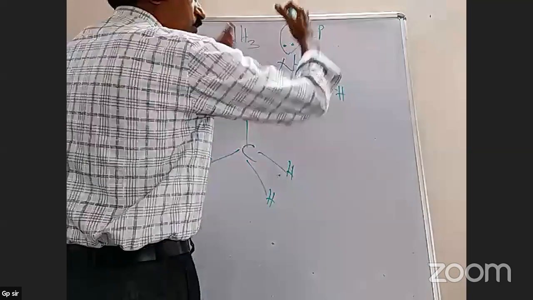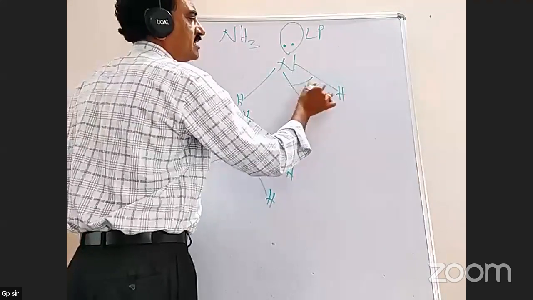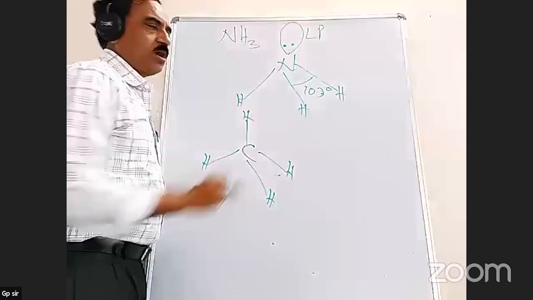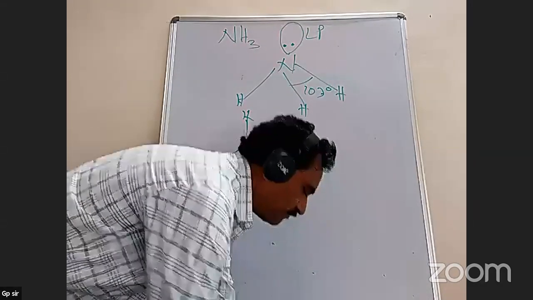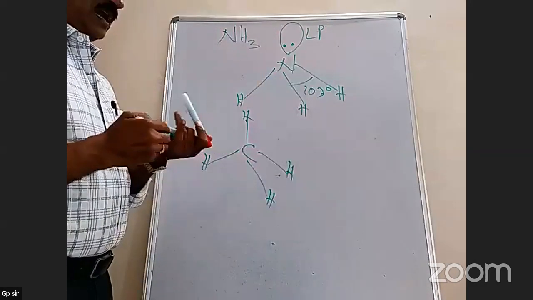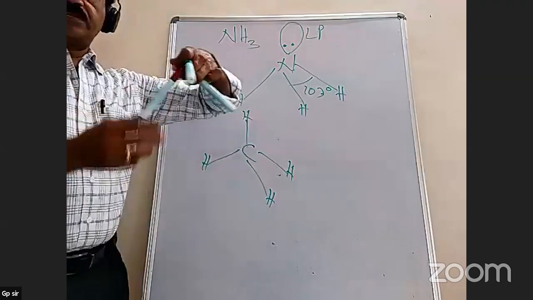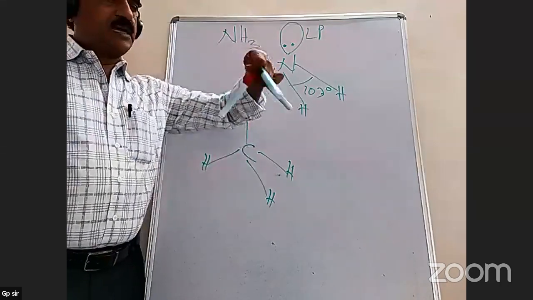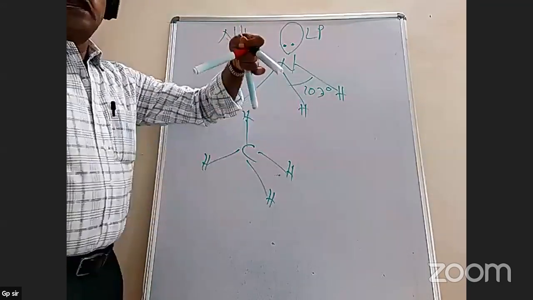That's why the bond angle is suppressed from 109.5 to 107 degrees. The bond angle is 107 degrees, and this shape is called pyramidal shape.